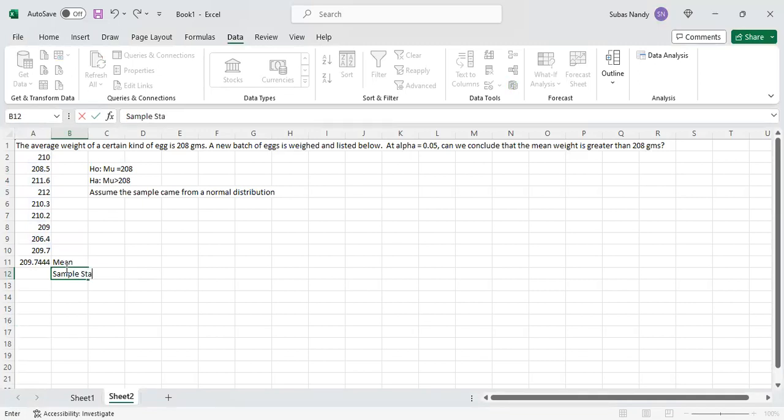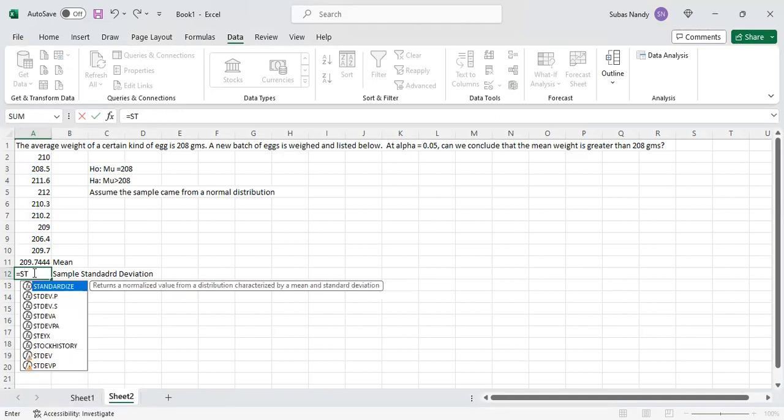Then we will calculate the sample standard deviation. This is important because the sample size is less than 30. So we have to calculate the sample standard deviation, not the population standard deviation. So equal to STDEV.S. S means sample standard deviation.